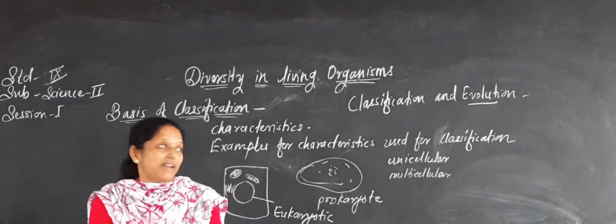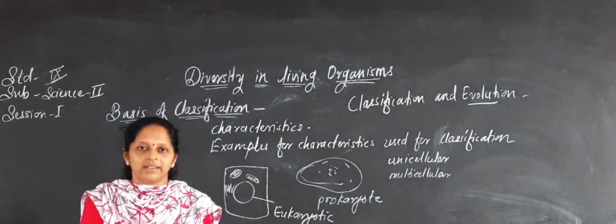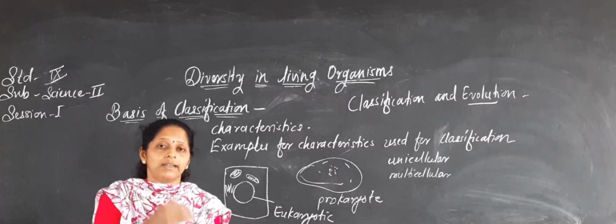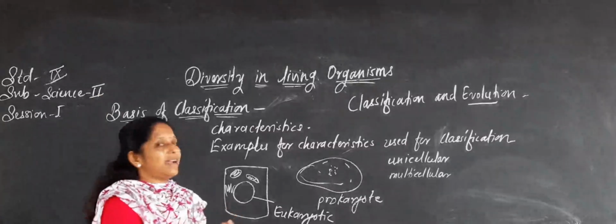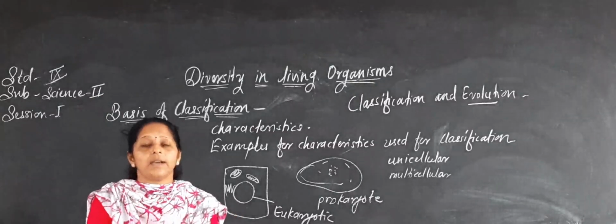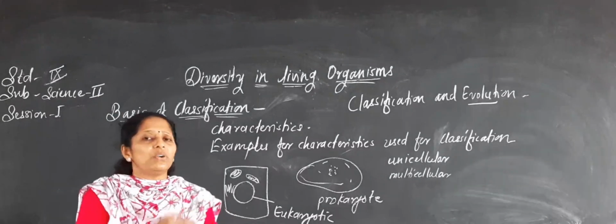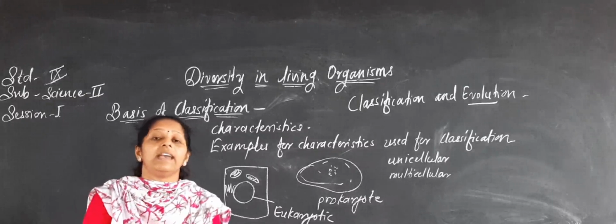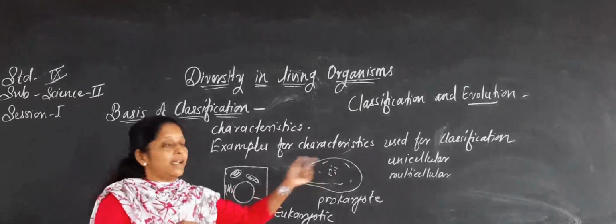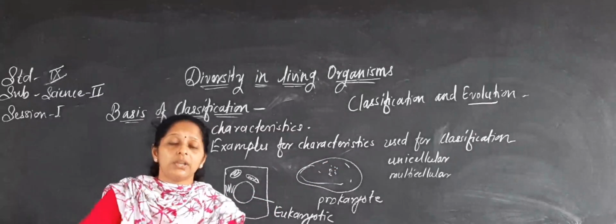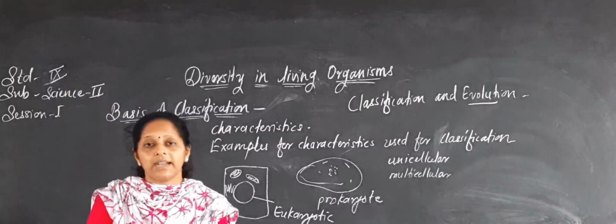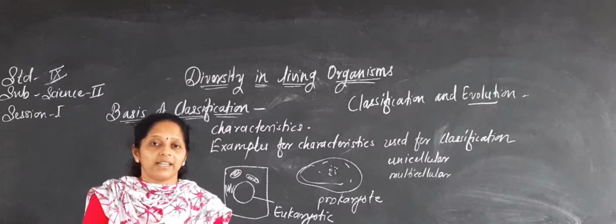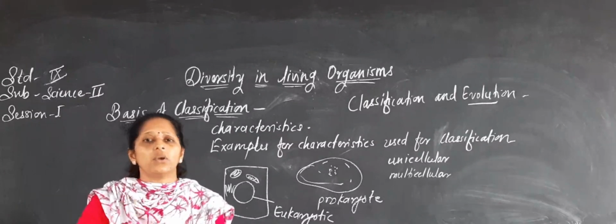Classification and evolution are related, because organisms did not all come on the earth at one time. Some unicellular organisms, blue-green algae, came on the earth first, then bacteria, and like this, organisms evolved stepwise. There is a unicellular variety and a multicellular variety. These are slow changes; evolution does not involve sudden changes. It is a slow and gradual process.